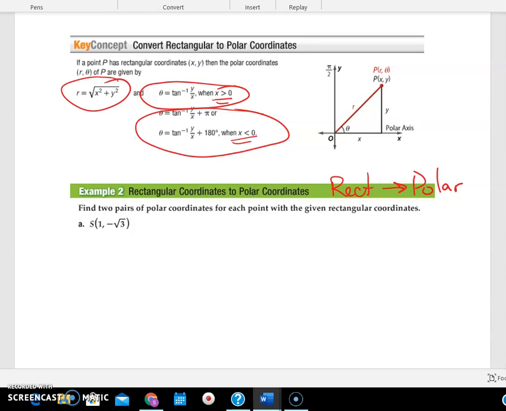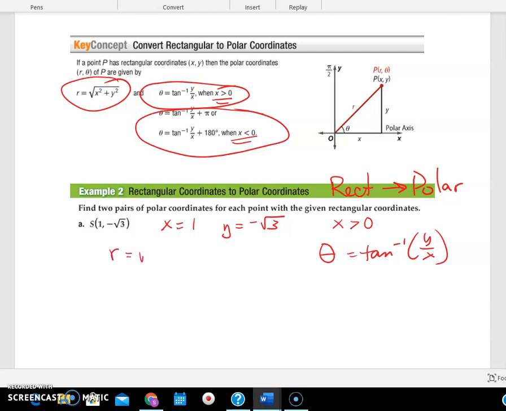So it says find 2 pairs of polar coordinates for each point with the given rectangular coordinate. So I know that x is 1 and y is negative square root of 3. Since x is greater than 0, when I go to find theta, I'm just going to use the tan inverse of y over x. I always want to check and make sure what x is, because I've got 2 different possibilities for equations.